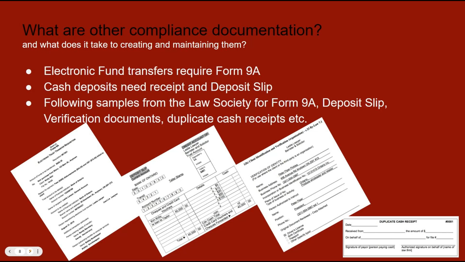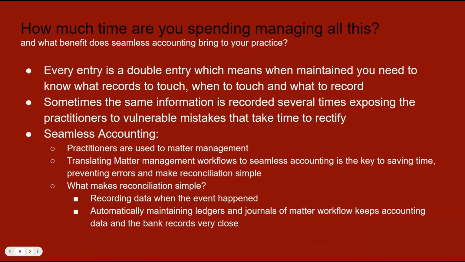And it's not so much a bookkeeping compliance document, but some of the verification documents could be verification of identity, making sure that it's truly you who's making that deposit. But leaving that verification document alone, at the minimum you have two ledgers, four journals, your fee book, and a deposit slip and Form 9A.